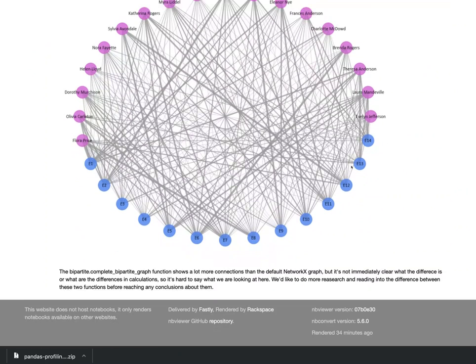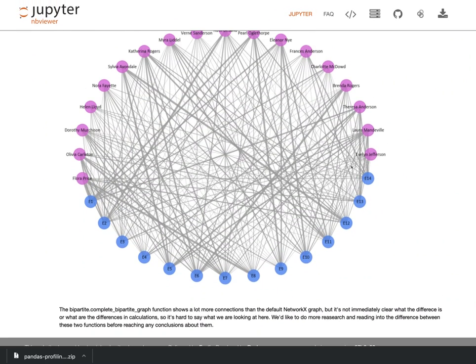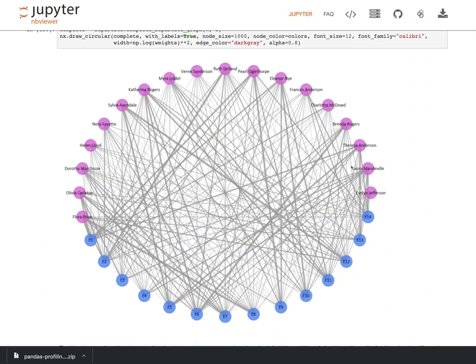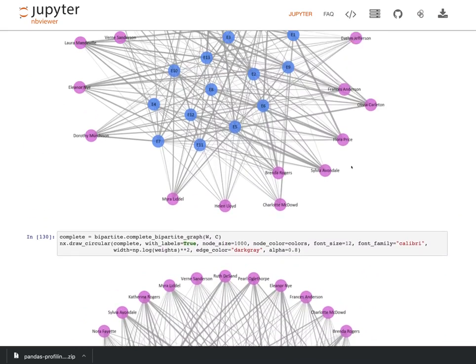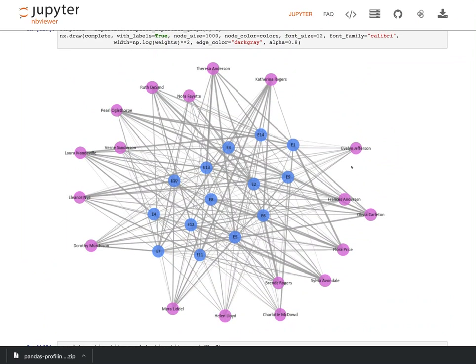So I'd like to do a little more reading to try to figure out what this really means, but thought these graphs were interesting enough to add to the report anyway.